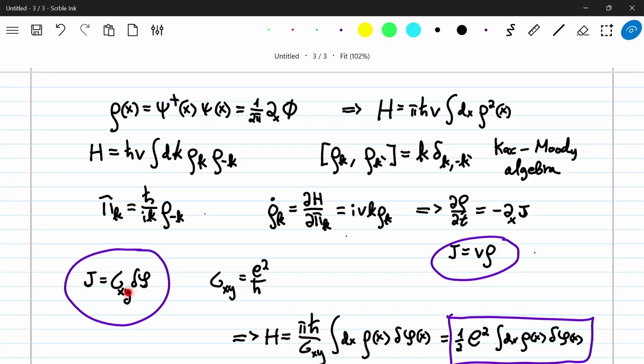Sigma. Let me check if maybe I had it wrong. I may have a mistake. Sorry, J. Yeah, you're right, sorry, in the numerator.